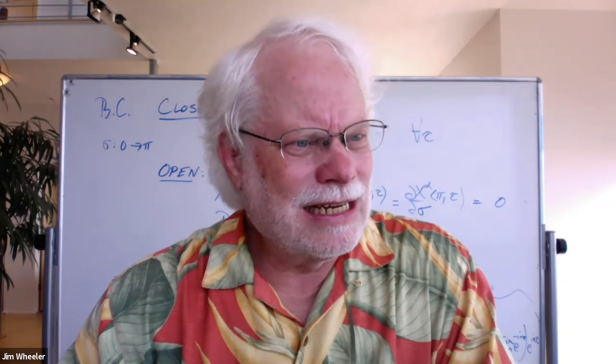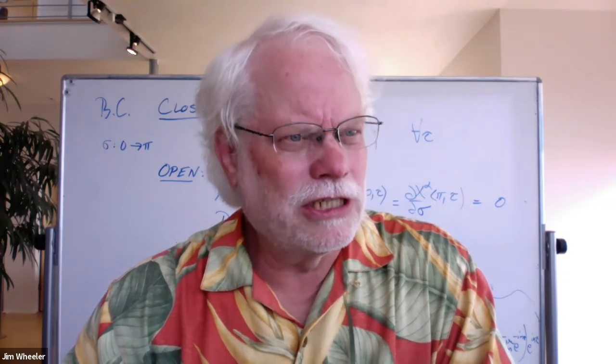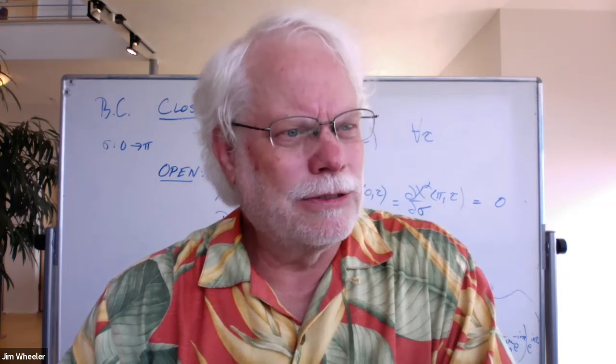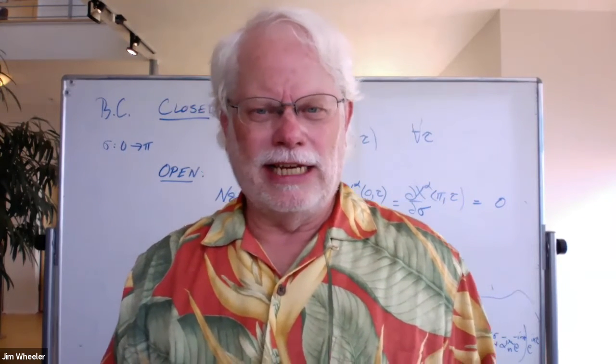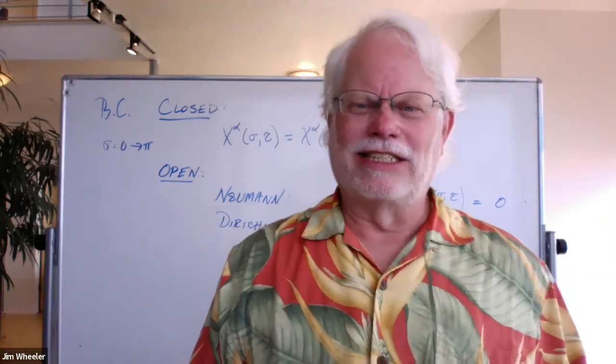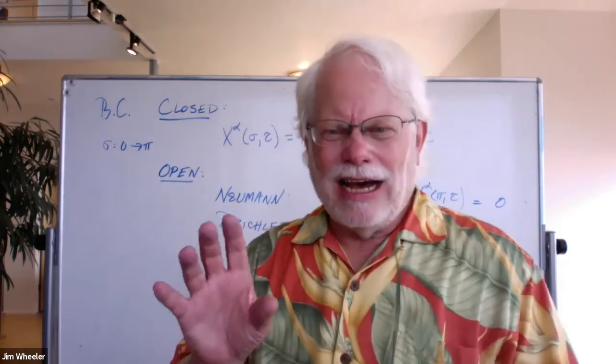Let's say at least a little bit about closed string, because I can in the short time remaining, and I haven't worked out the open string yet, so we can talk about that.